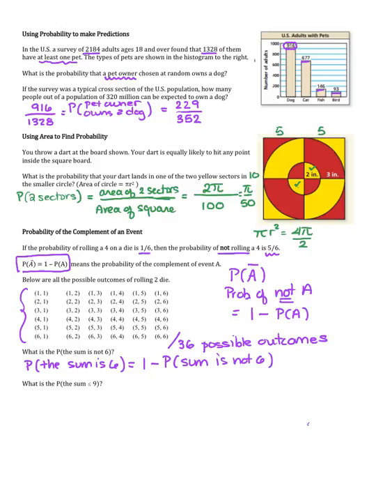So let's find our 6s. 5 plus 1 is 6, 4 plus 2 is 6, 3 plus 3, 2 plus 4, 1 plus 5. 1, 2, 3, 4, 5. So it's a lot easier just to count those 5 possibilities.